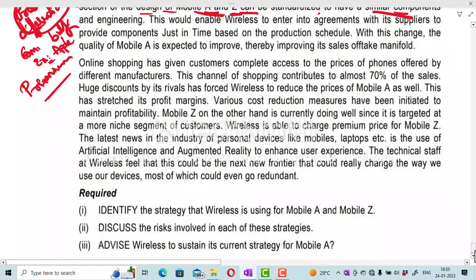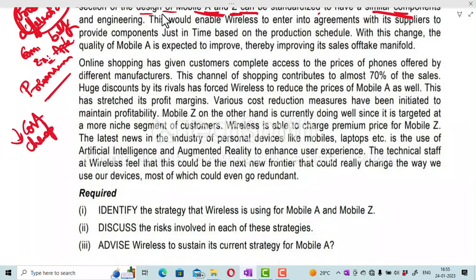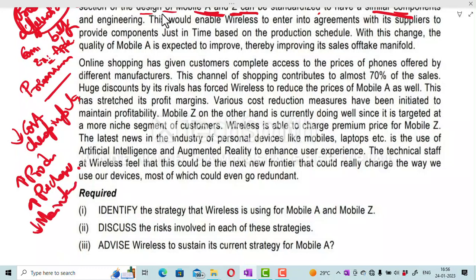See, we can reduce the cost by copying the design and using the cheaper inputs, or we can increase the production, increase the purchases, choose the areas having low maintenance, and gain the learning curve benefits.